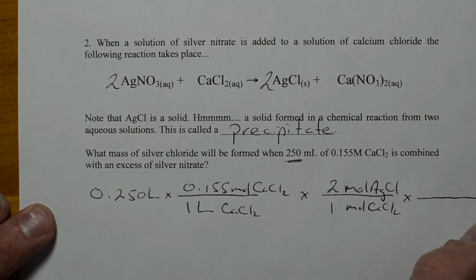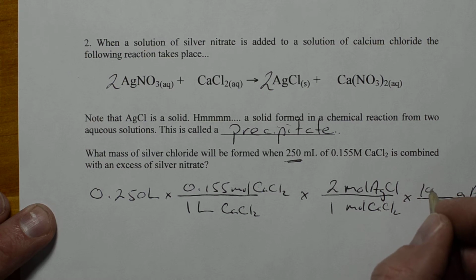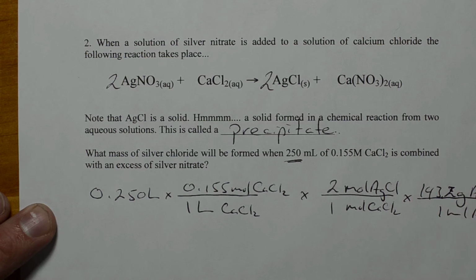And now I want to convert to grams of silver chloride, and 1 mole of silver chloride would be 107.8 plus 35.45. I think that would be 143.25 grams, or let's call it 143.2 grams of silver chloride. 4 sig figs should be enough.